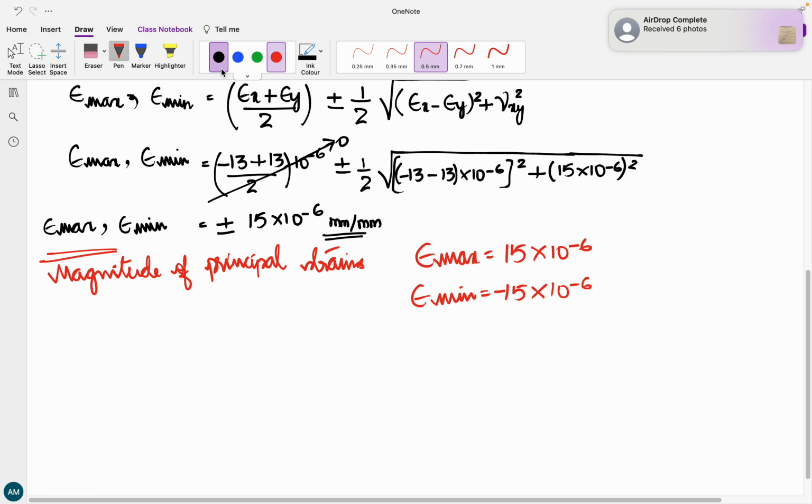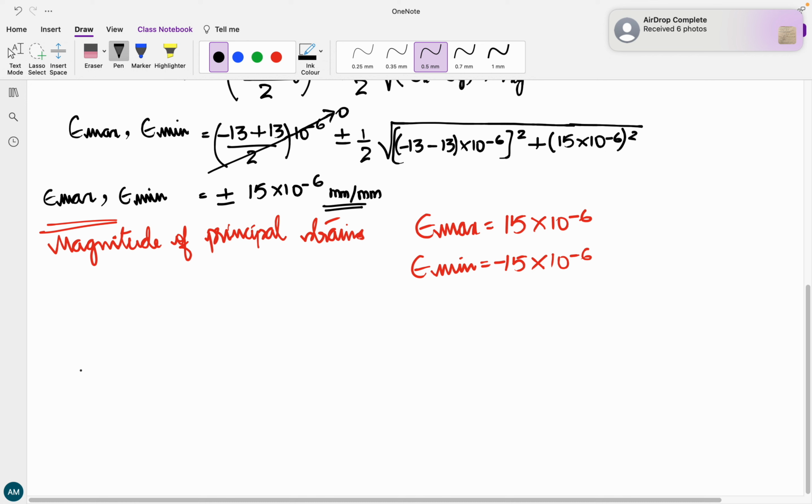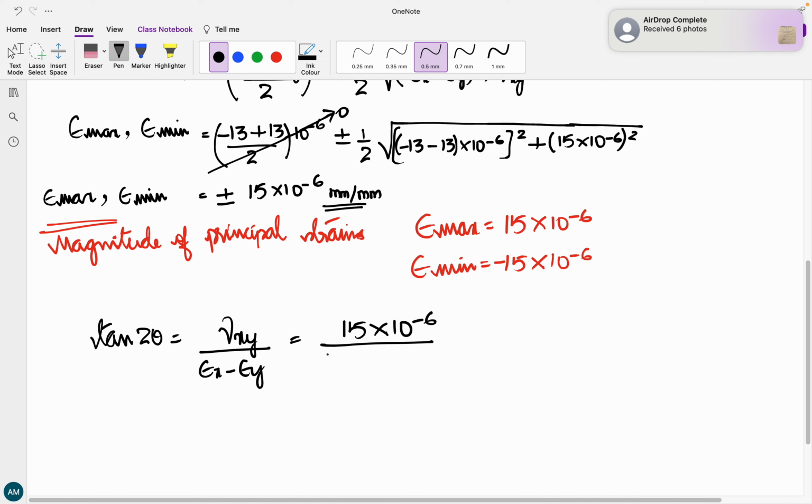Next we are going to solve for the orientation or angle. In the same equation for the strain rosette, it has been given tan 2 theta is equal to gamma xy divided by epsilon x minus epsilon y. Gamma xy is nothing but 15 into 10 power minus 6, whereas epsilon x minus epsilon y is minus 13 minus of minus 13 into 10 power minus 6.